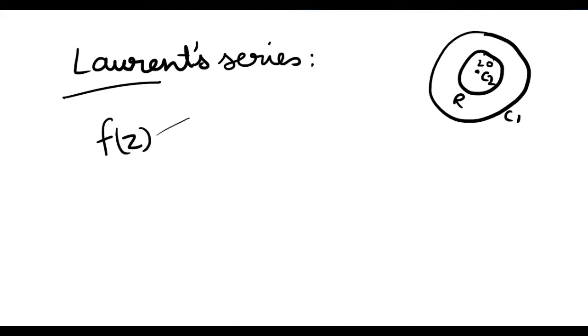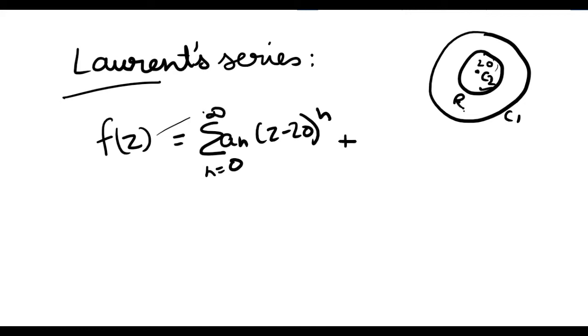If f(z) is analytic at every point within a ring-shaped region R bounded by two concentric circles C1 and C2 with center at z is equal to z0, then for every point z within the region R, the function f(z) can be written as summation n is equal to 0 to infinity a_n (z minus z naught) to the power n plus summation n is equal to 1 to infinity b_n (z minus z naught) to the power minus n.